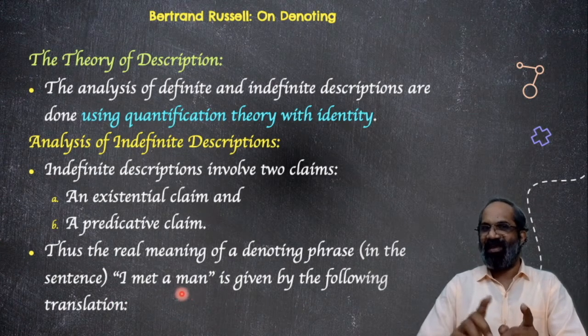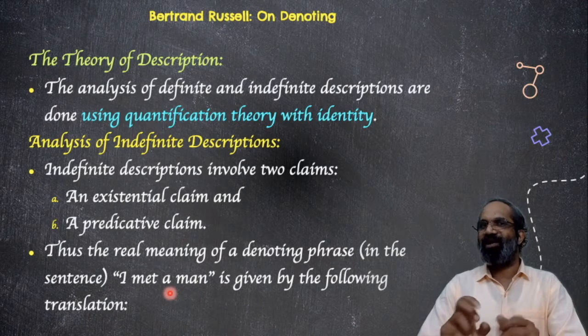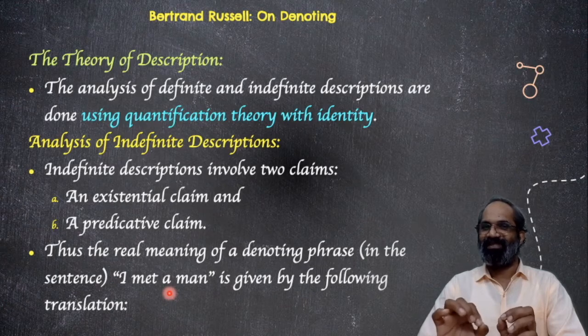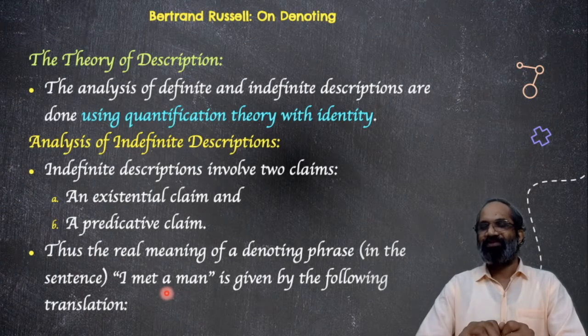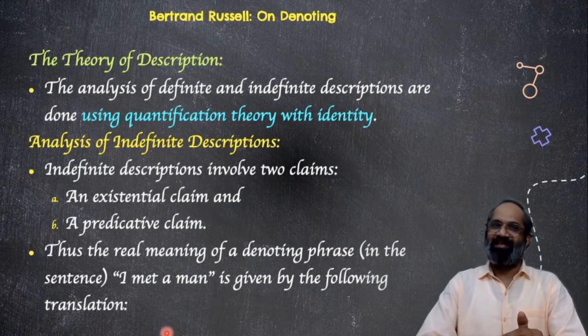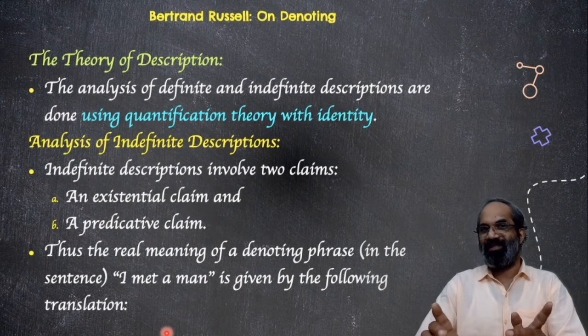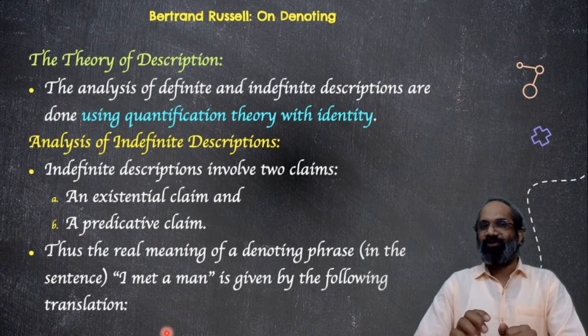A, any, some and no are indefinite. So how can we translate it? Russell claims that there are two claims in this statement, and he analyzes it in the following way.